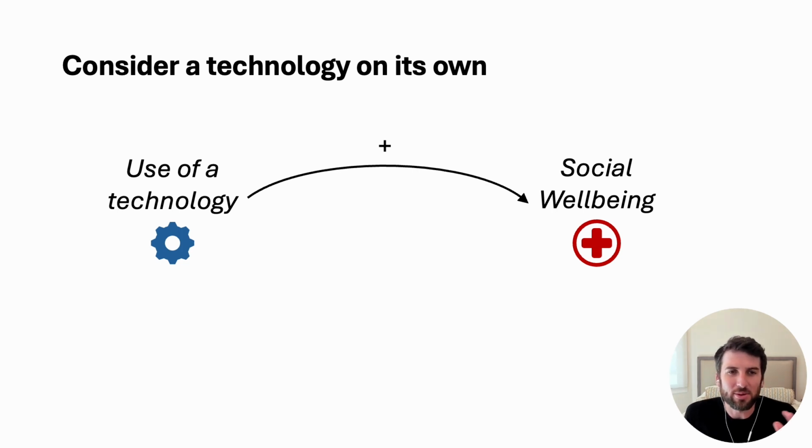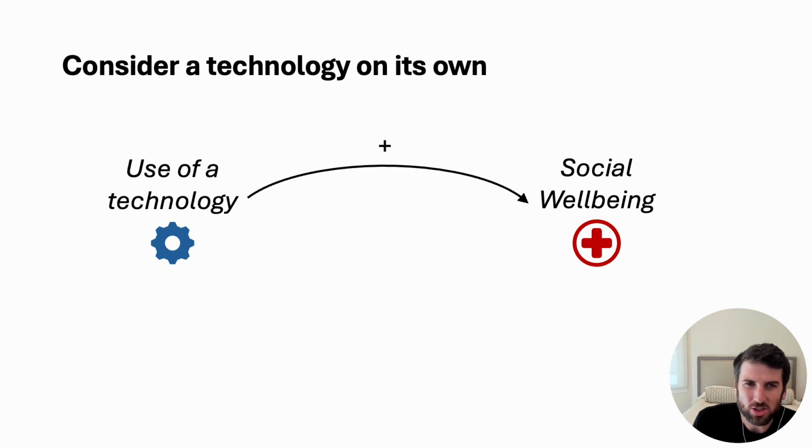So in this example, the increase of use of the technology would also increase the social well-being. If there was a lesser amount of the technology, then social well-being wouldn't be as increased. So this is just considering a linear view of one leads to the other. There's no other connections. And the plus is this direct relation that we're talking about.